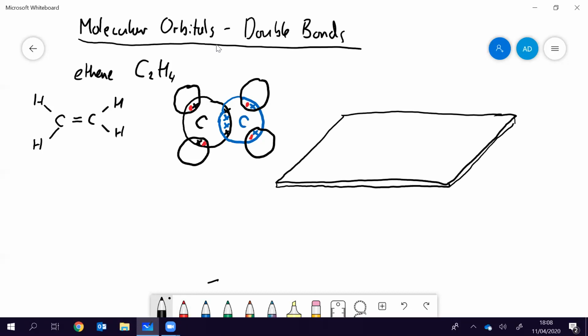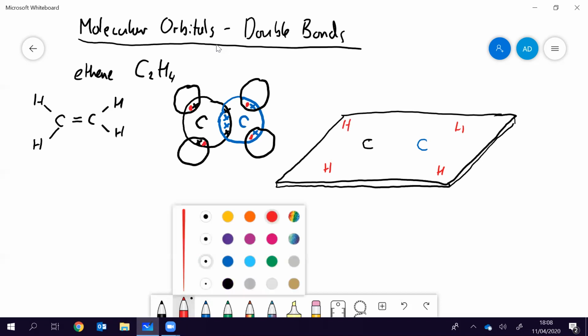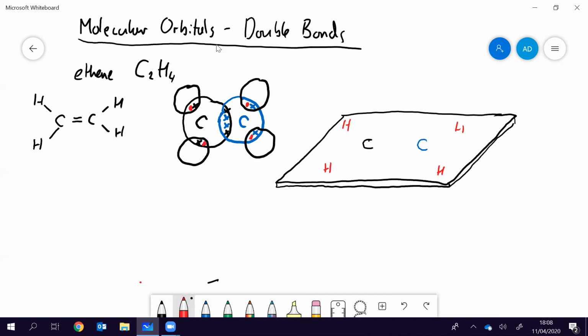So we're going to have our 2 carbon nuclei here, one there and this one here. We've got our hydrogen nuclei here. The molecular orbitals between the carbons and the hydrogens are pretty straightforward.